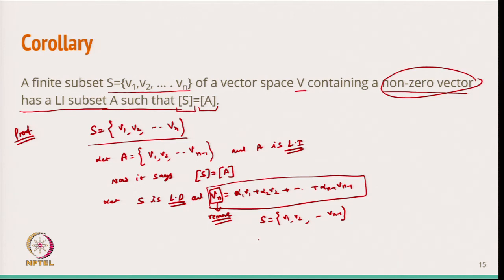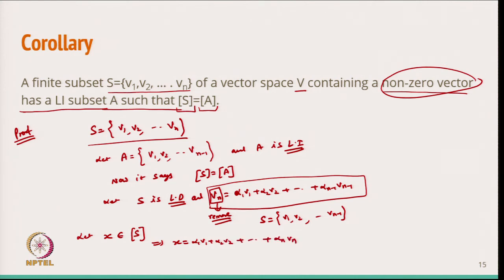Now, let me take any x belonging to the span of S, which implies that x can be written as alpha 1 V1, alpha 2 V2 up to alpha n Vn.